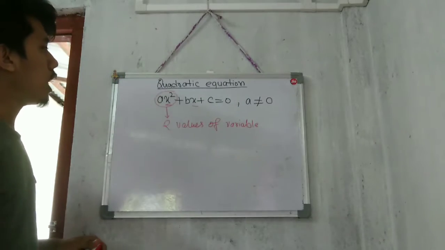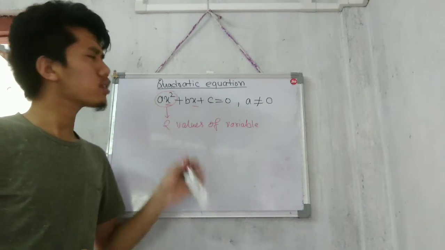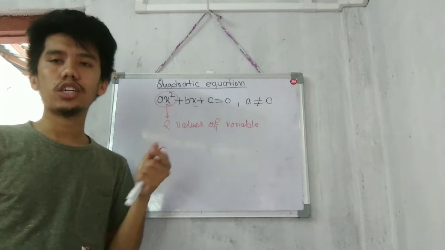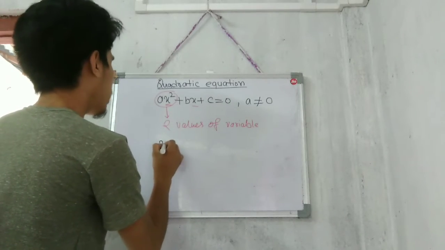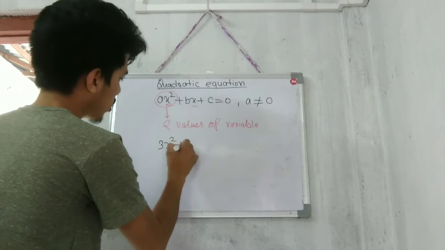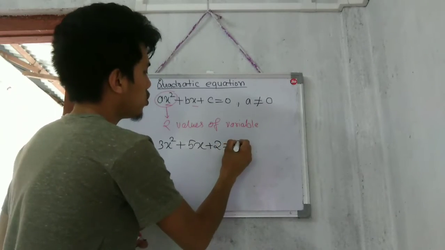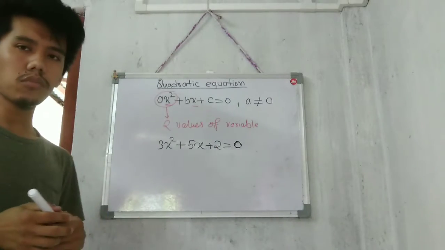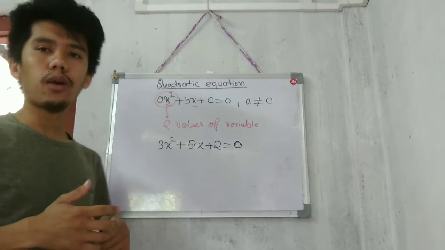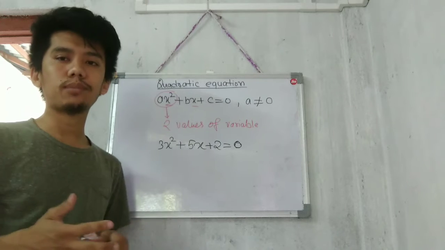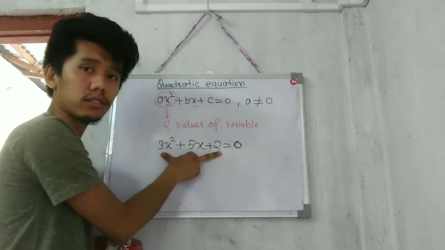Now let me give you the examples of quadratic equations, and let's compare what this equation means. Let me write the example here. Say the example is 3x square plus 5x plus 2 is equal to 0. If you have watched all my earlier videos, you might have seen this part.